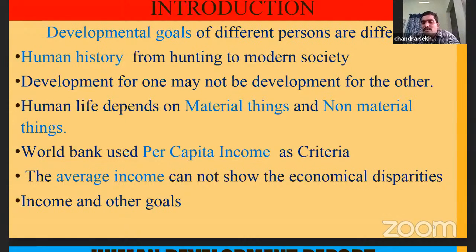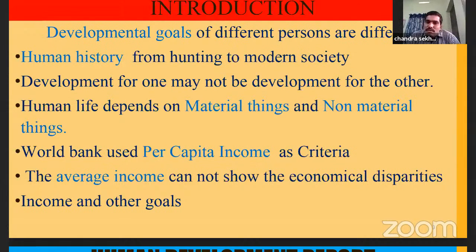For the comparison of world countries in development, the World Bank uses per capita income as a criteria. Based on per capita income, the World Bank classifies the world countries into three groups. Per capita income is nothing but the average income of a person.